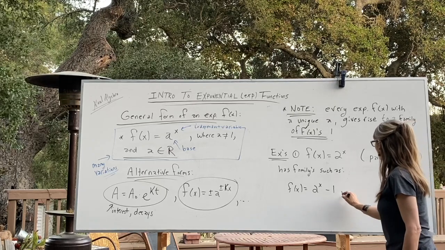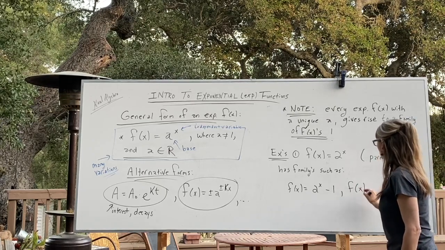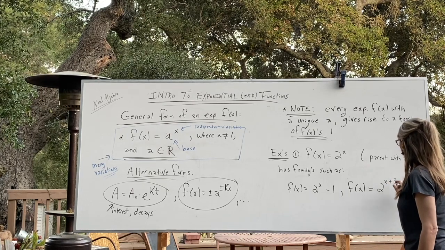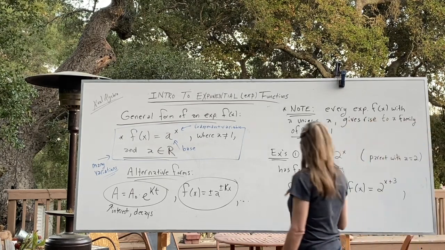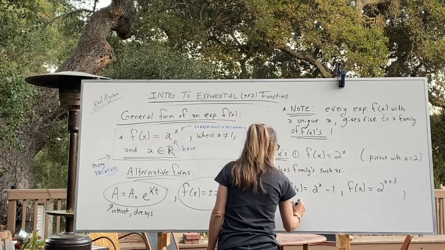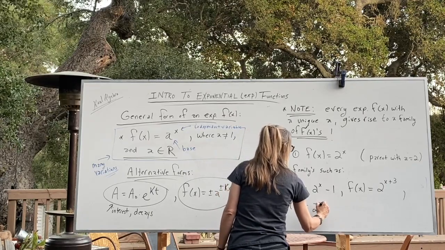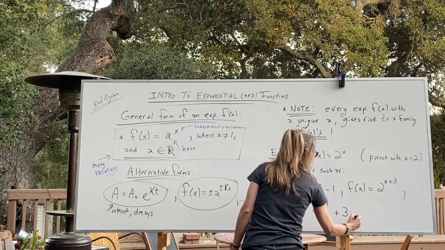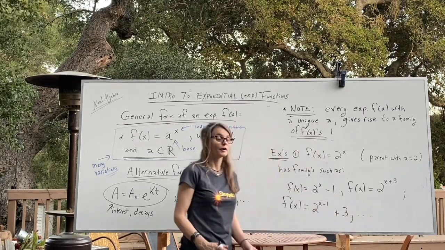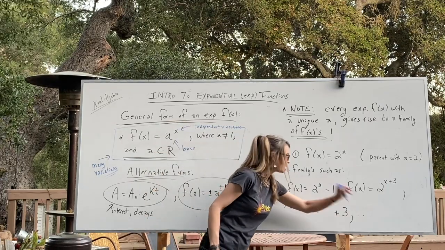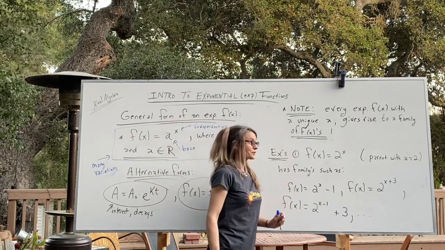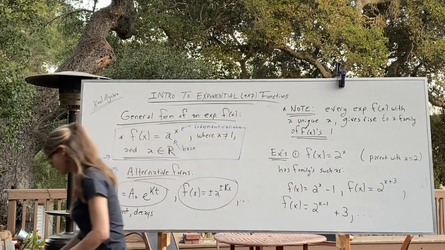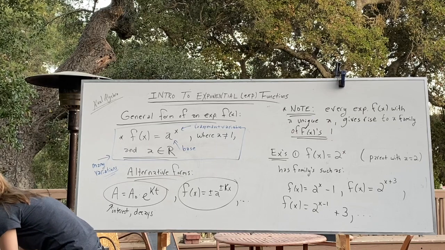Okay. We could have another function generated based on that parent. Let's say we have 2 to the x plus 3. We could have several others. f of x equals 2 to the x minus 1 plus 3. And dot, dot, dot. We could go on ad infinitum, finding a whole bunch of curves generated from this one parent graph. Okay. Interesting thing to know.